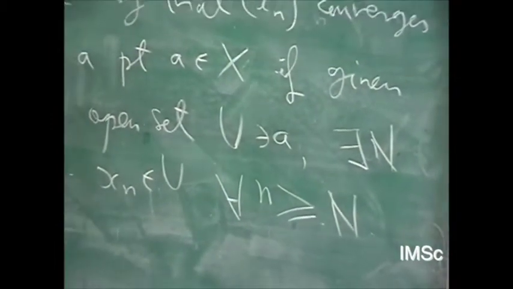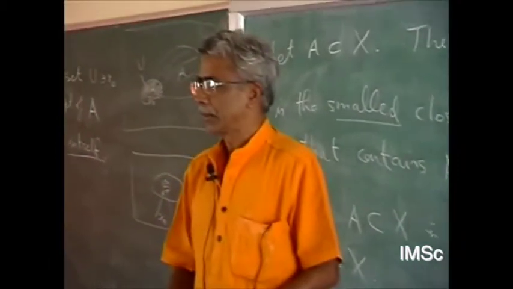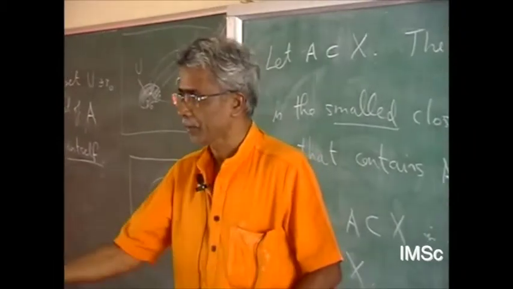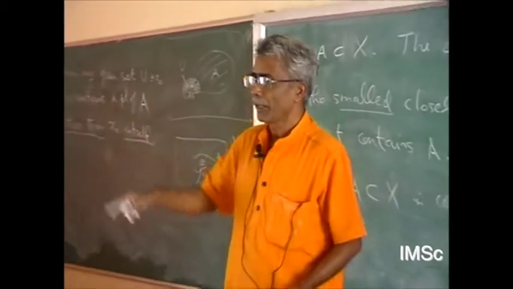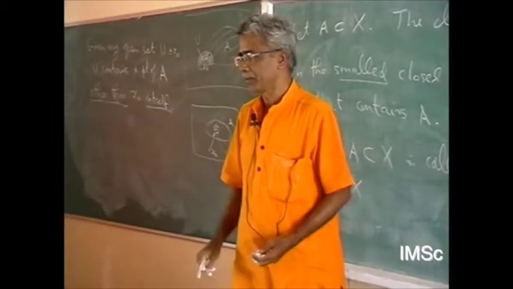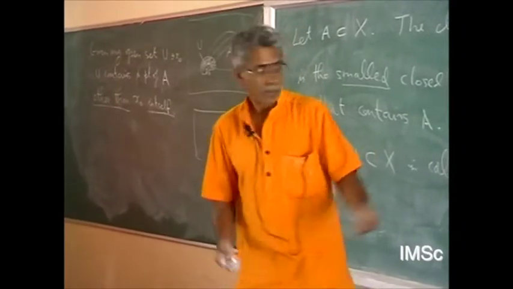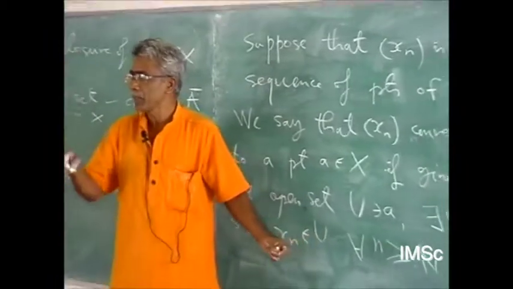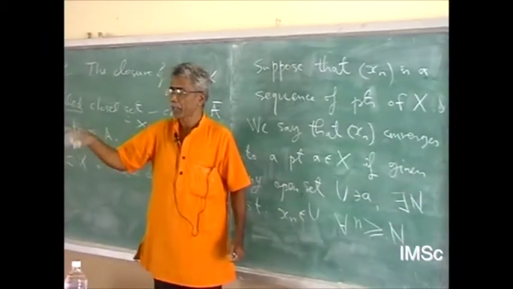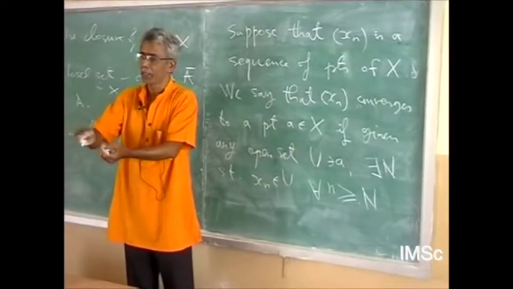In the context of metric spaces, how will you define it? Given epsilon positive, there exists an N such that the distance between Xn and A is less than epsilon for all small n bigger than capital N. That is equivalent to replacing this U by the open ball B(A, epsilon), with center A and radius epsilon.